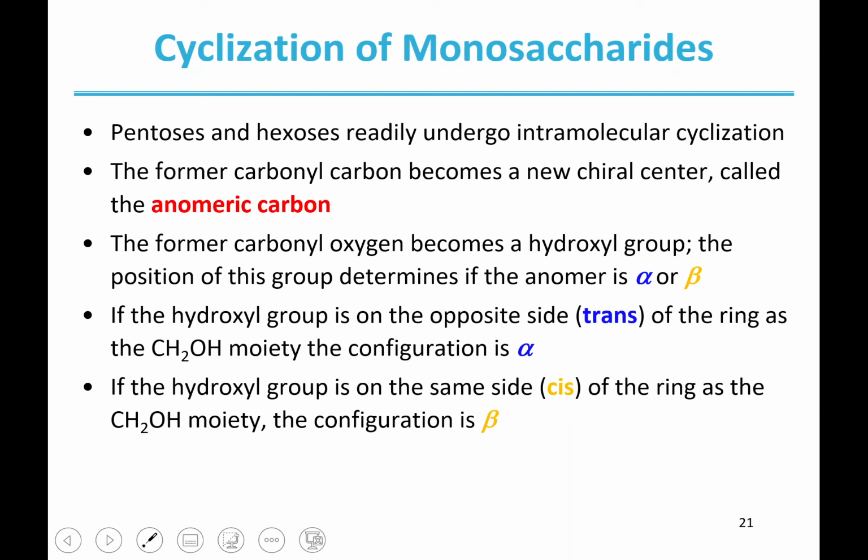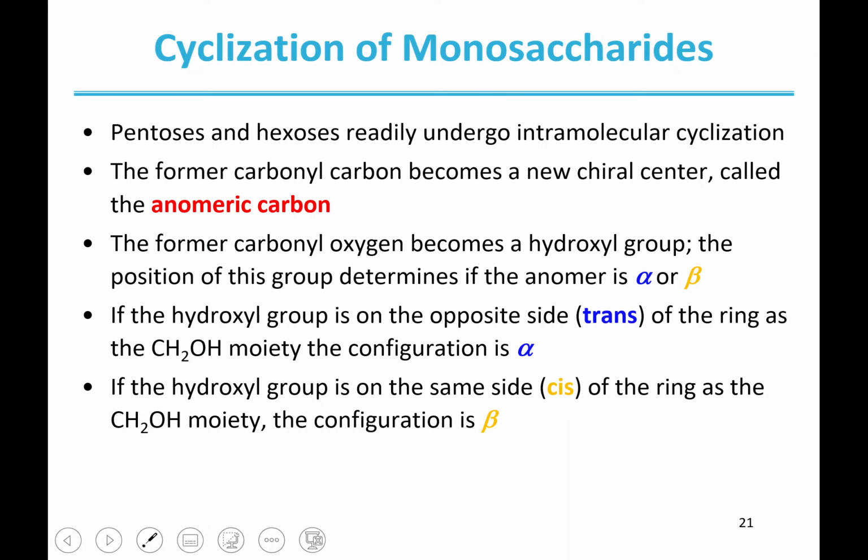Okay, so that's important to remember. Anomeric carbon is the carbonyl carbon in the open form. So in the ring form, we call that the anomeric carbon. That is where the carbonyl group was in the open form.